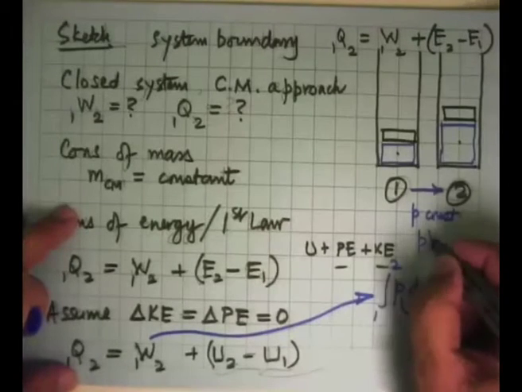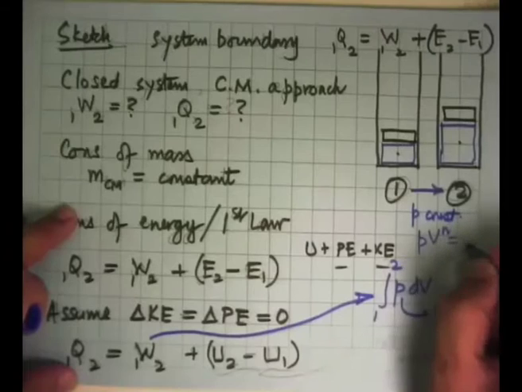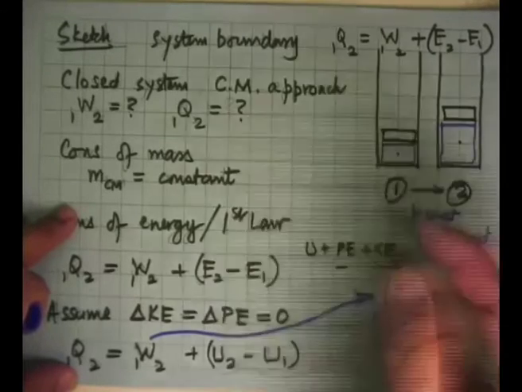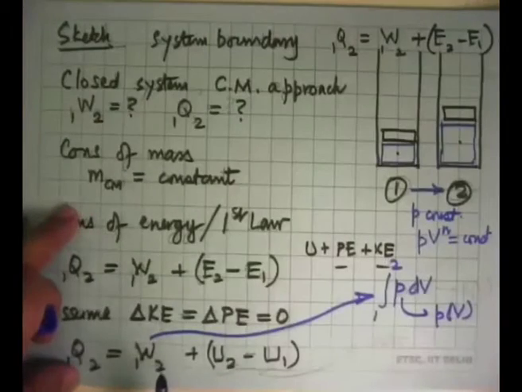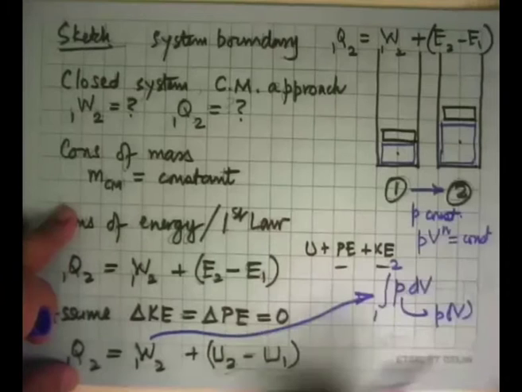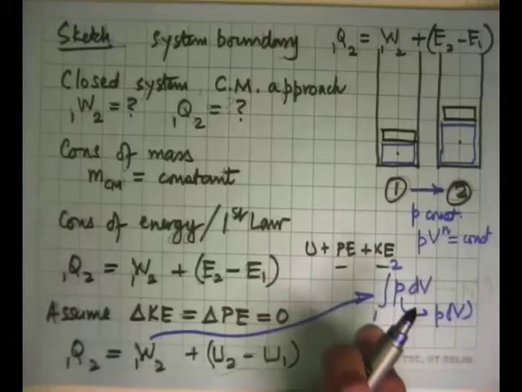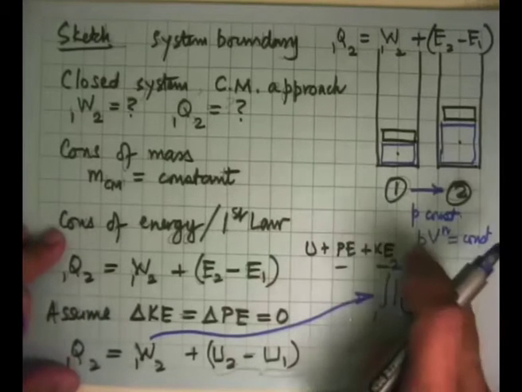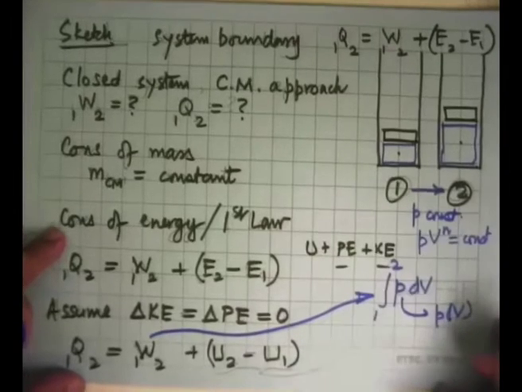We could even solve the problem by saying that PV to the power n is constant, where n has a certain value. And then this integral can be evaluated. But we need to go from state 1 to state 2, which means that we need to fully have all information about state 1 and all information about state 2.